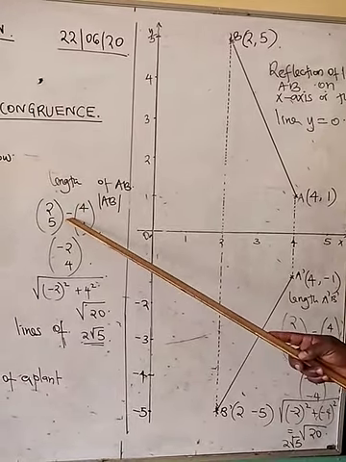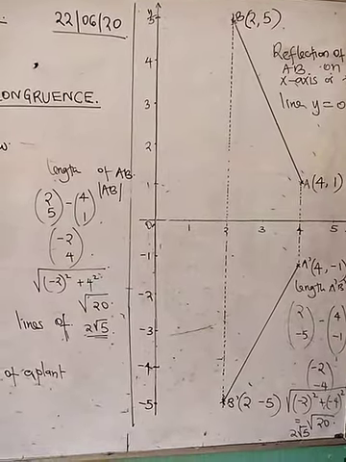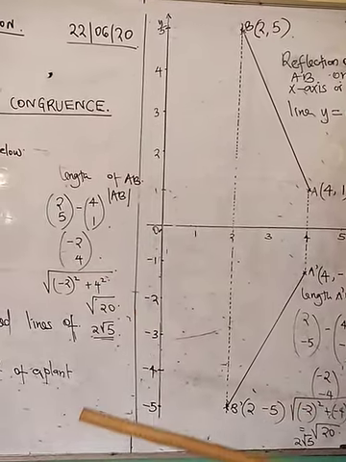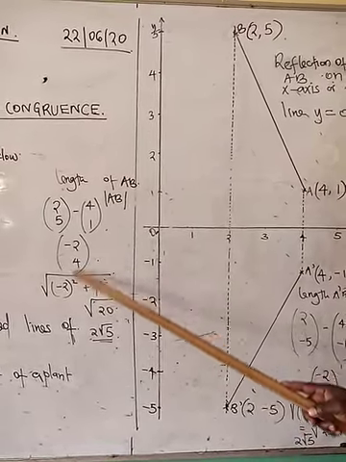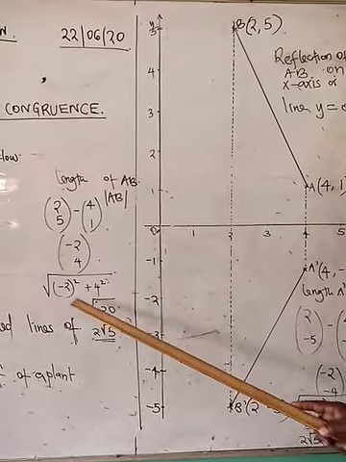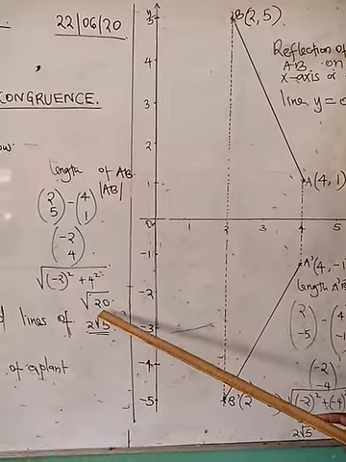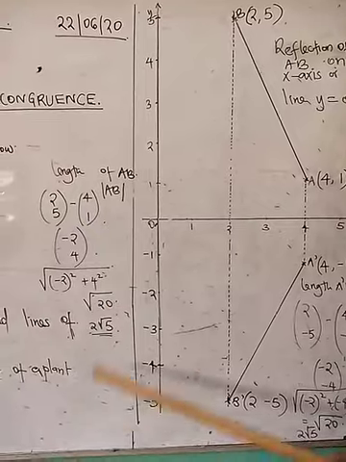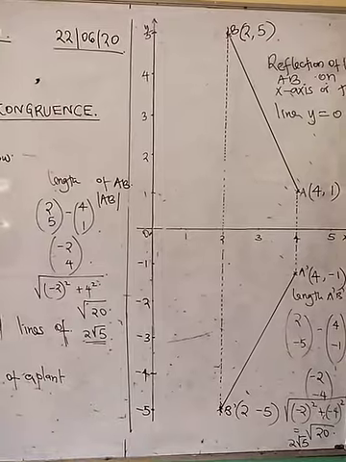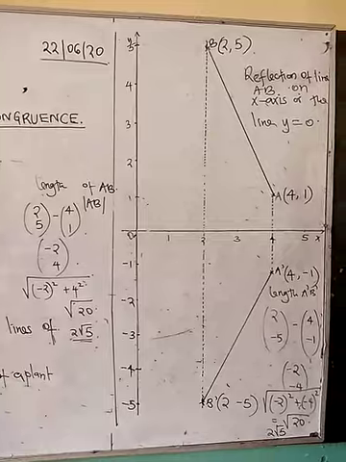When you subtract, you get (-2, 4) as that particular result. Now, when you get the modulus, we square -2 and square 4, then get the square root of everything there, and we'll have root 20. When you simplify, you'll get 2 root 5 as the length of AB. So AB is 2 root 5.